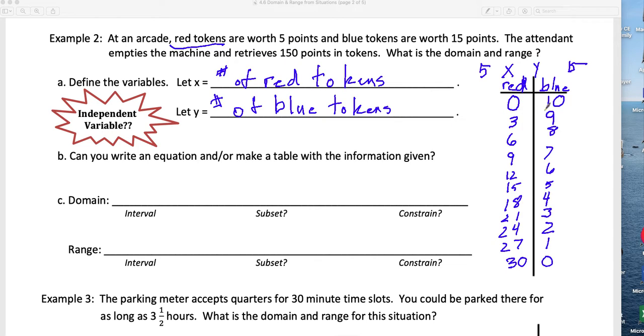If we had 0 red, we need 10 blue. We couldn't have 1 red and have something here that divided evenly to what was left over. And the next number that would let us do that was 3 red, which was 15 points, which left us with 135.